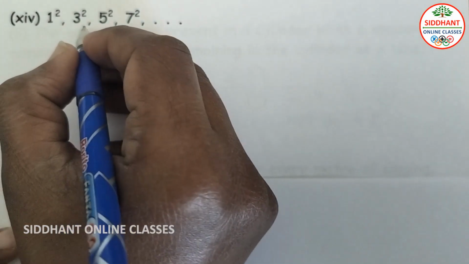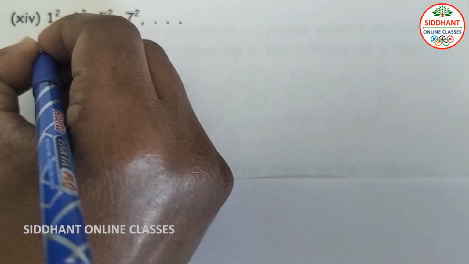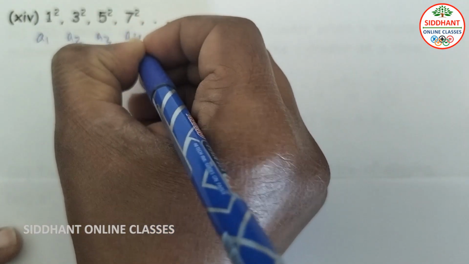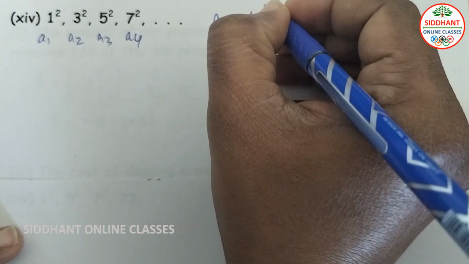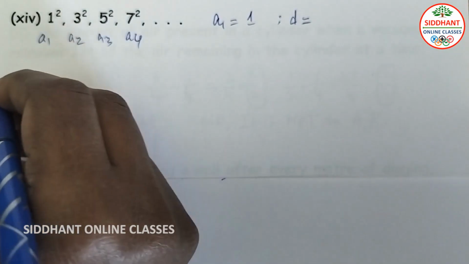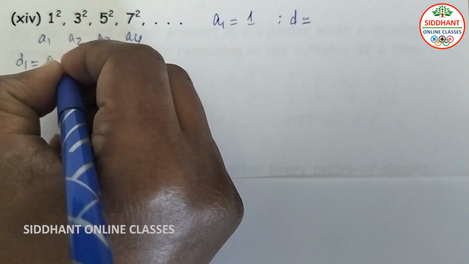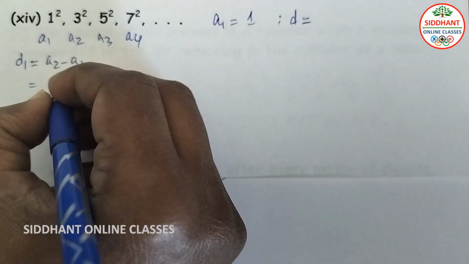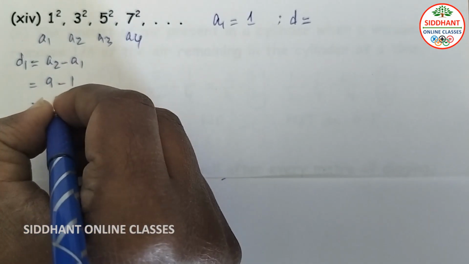Question 14: 1 square, 3 square, 5 square, 7 square. A1, A2, A3, A4. So A1 is equal to 1 square, which is 1, and D we are going to find out. So D1 is equal to A2 minus A1, that equals 9 minus 1, that equals 8.